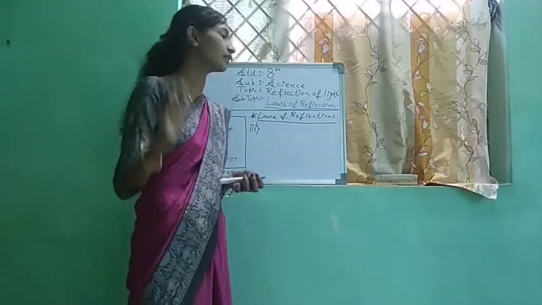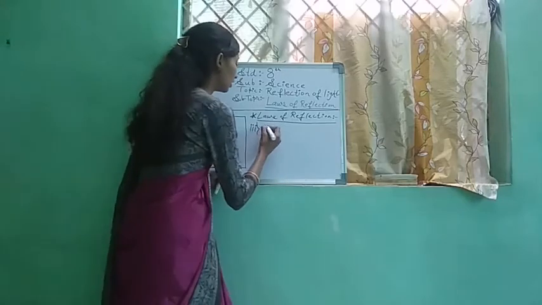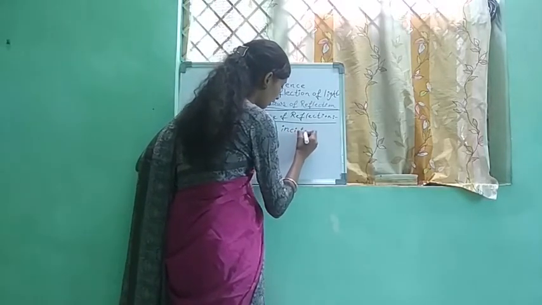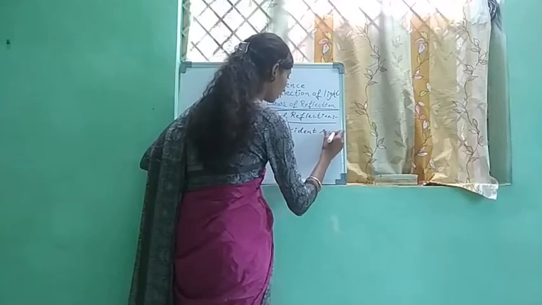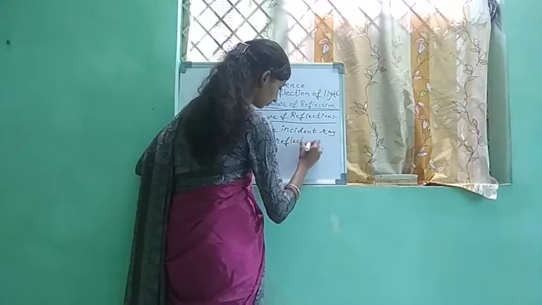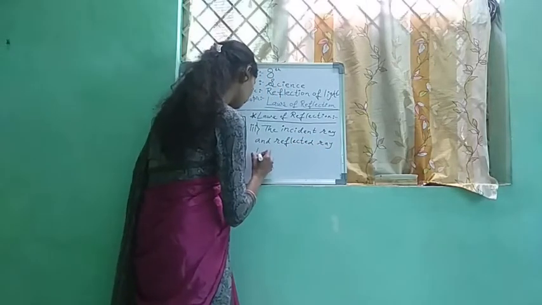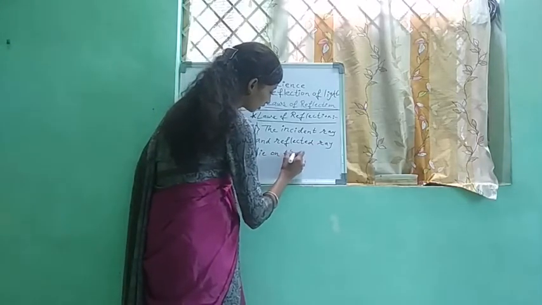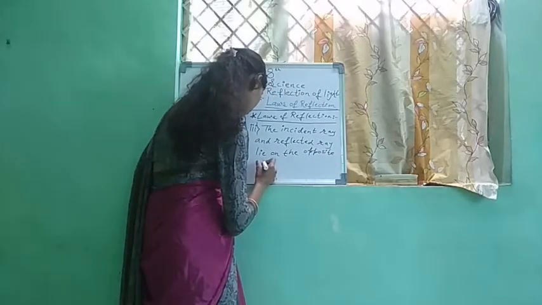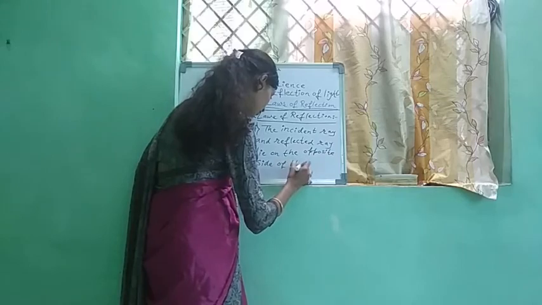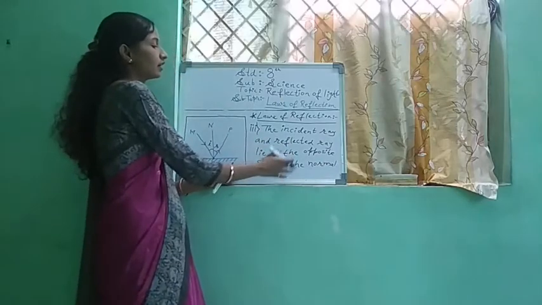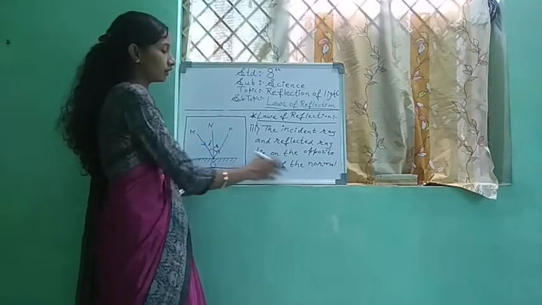Okay, now the third and the last law of reflection is: the incident ray and reflected ray lie on the opposite side of the normal.